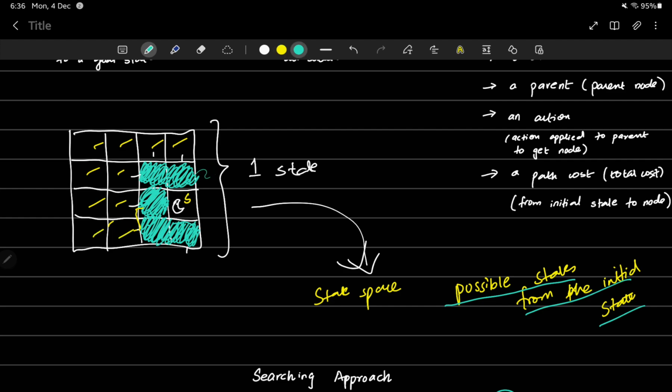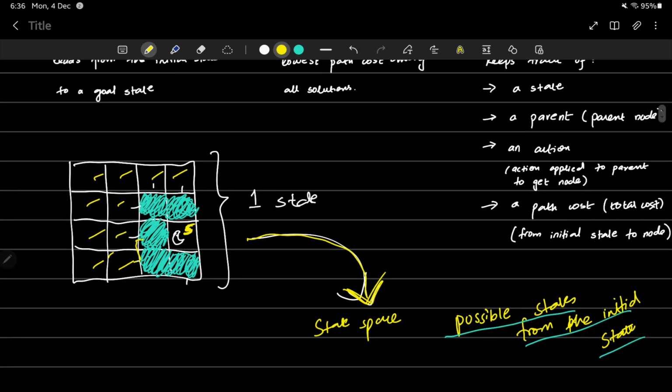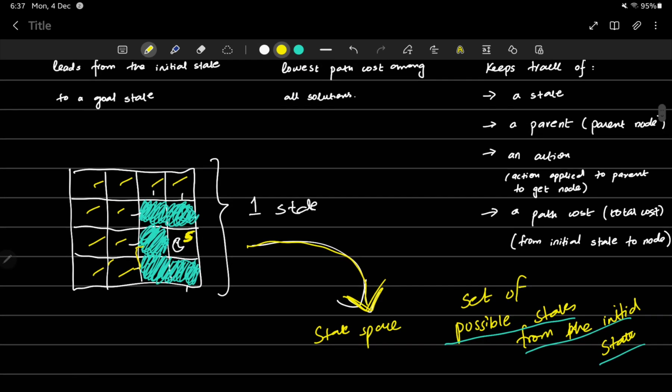Because I am covered with walls, and this is my starting or initial state, so I cannot go anywhere, and so this can be the only state. And if this is the only state, then this is also my state space, right? So it is a set of possible states from the initial state. That's it. Super simple.